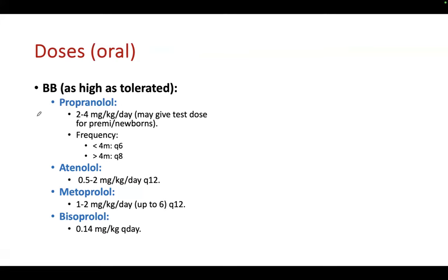In newborns or preemies, they might be at risk of hypoglycemia. So you want to give a little bit lower dose initially and then make sure glucose is fine. And atenolol, metoprolol, bisoprolol are given to patients who are more than roughly 1 year of age because the frequency of administration is less.